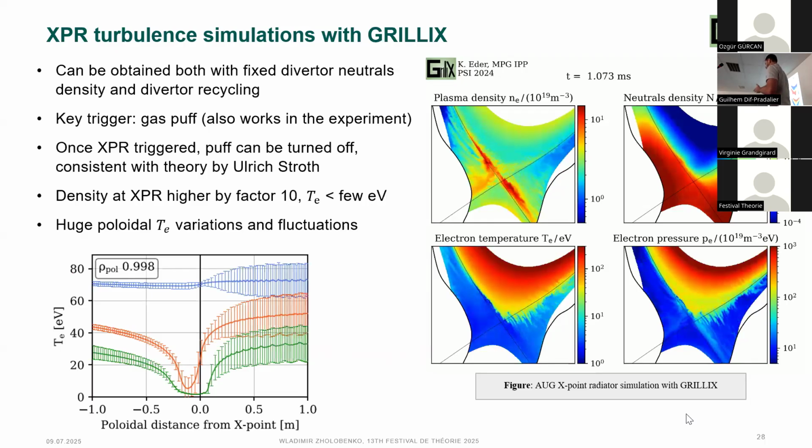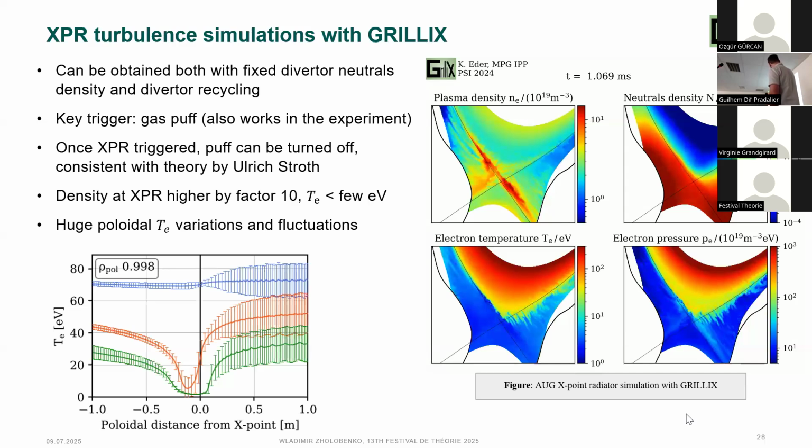And this is able to trigger the radiator, so this allows the neutral density to increase and to penetrate into the confined region. And as you saw in the analytical model, you need a high neutral density to get into the nitrogen radiation region, so to say. Then at this point, the gas puff can be turned off. The radiator remains stable on its own. That's also observed experimentally and in other simulations.